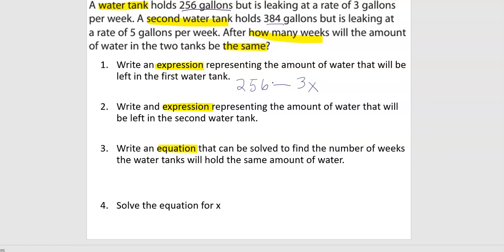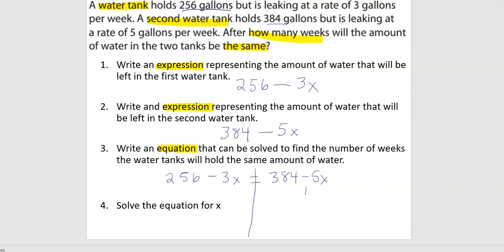My other water tank has 384 gallons to start, but it's leaking at 5 gallons a week. And I want to know when they'll be the same. So I'm going to set up 256 minus 3x, and I want to know when that is going to be the same as 384 minus 5x. There we go. And now we solve.